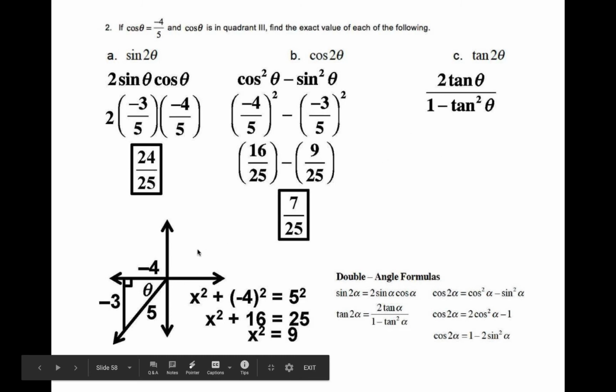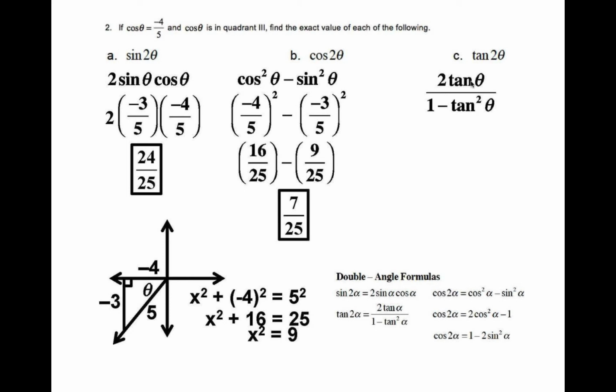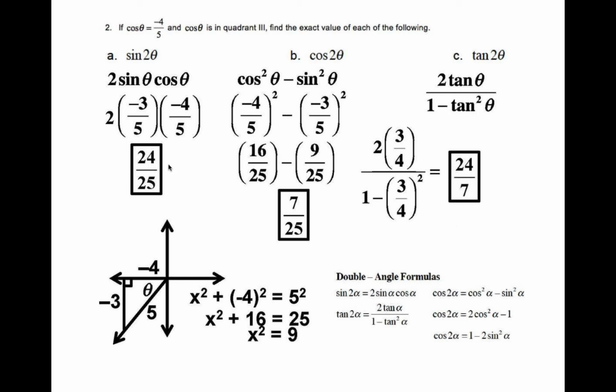My tangent ratio is TOA, O over A. So it's negative 3 over negative 4. A negative divided by a negative is going to become positive. So this is 2 times 3 over 4. And then 1 minus 3 over 4 squared. Typing that into your calculator, you will get 24 over 7, so it does check. I'm going to be looking for all of this work.